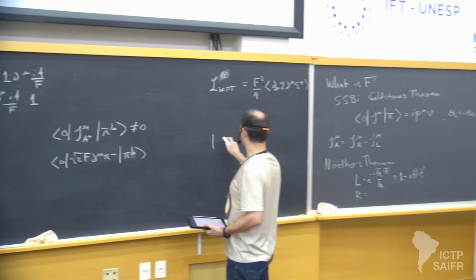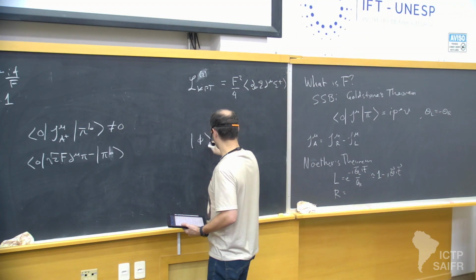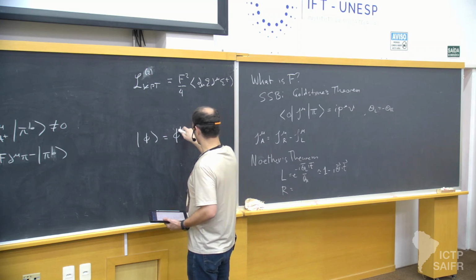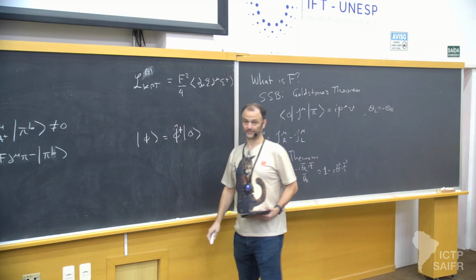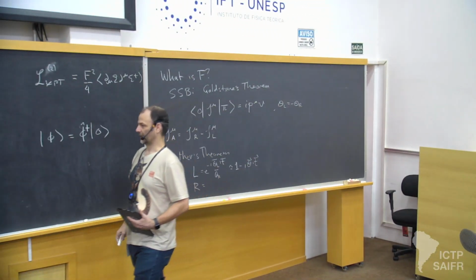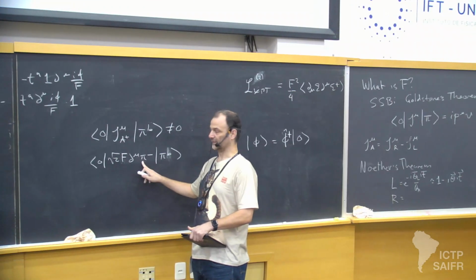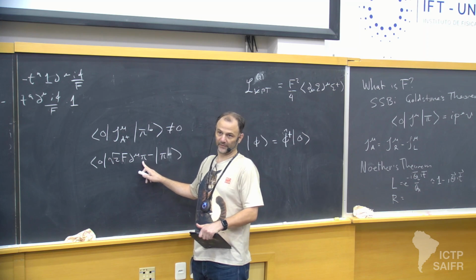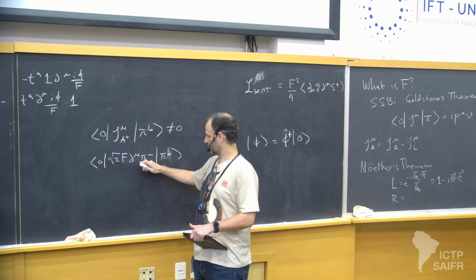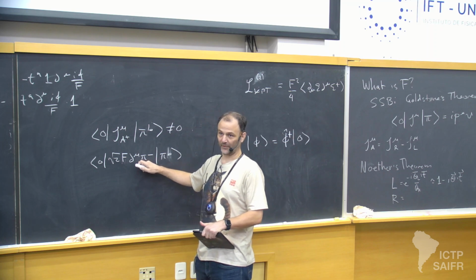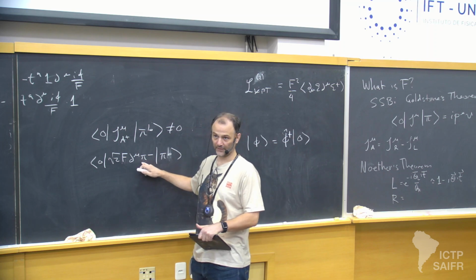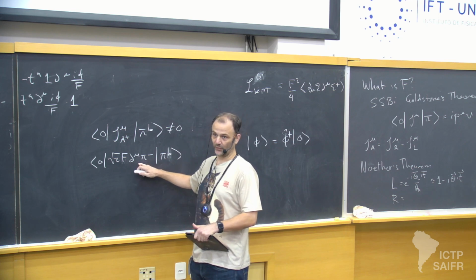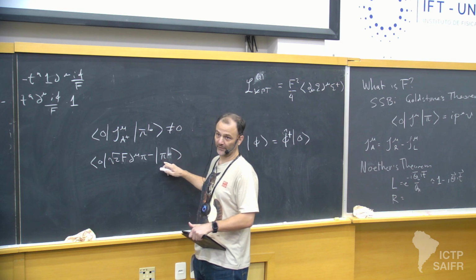So if I have some field phi, how else do we know how to write that? I can write that as the creation operator acting on the vacuum. And this I can think of as a creation or annihilation operator, in fact, because it's a complex scalar field. But let's think of this as an annihilation operator, because usually this would annihilate a pi minus. Okay? So if this will annihilate a pi minus, what I need this state to be is a pi minus.